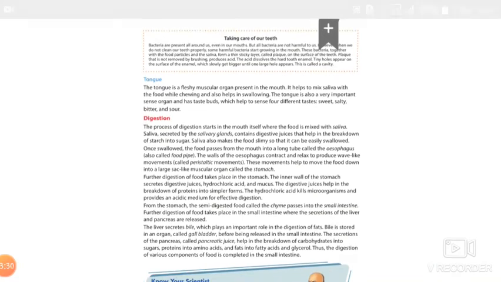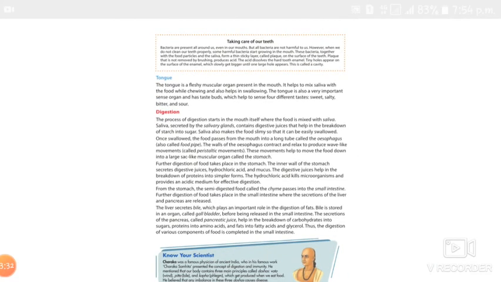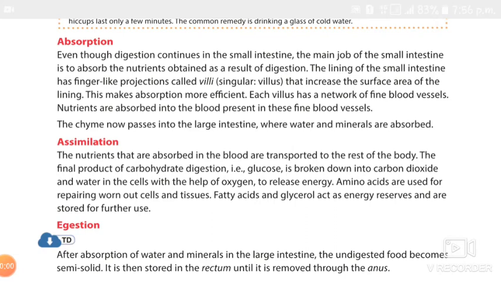What is absorption? Absorption means the uptake of the soluble substances produced during digestion by the tissues in the body is called absorption.